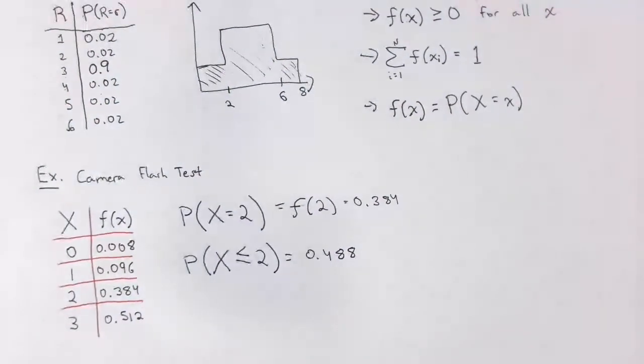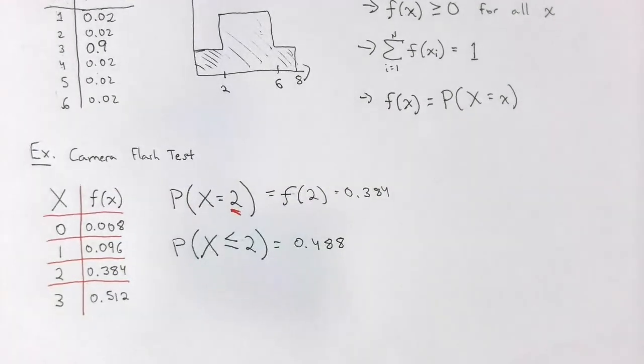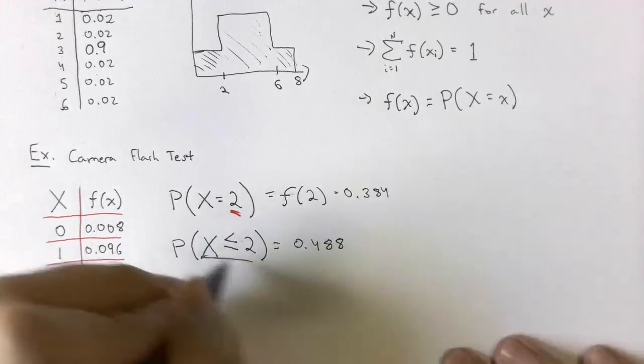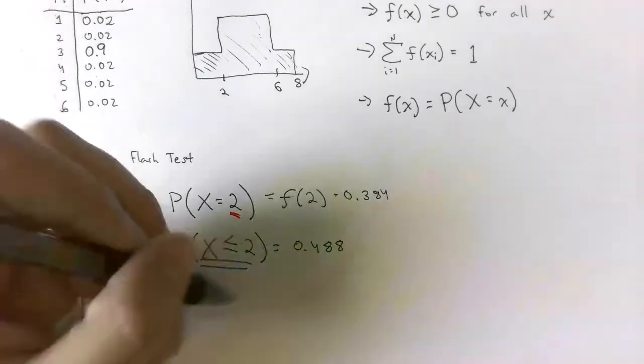Now this is actually going to be very important because we'll notice that in a lot of the different experiments that we end up trying to apply statistics to, perhaps a specific value, a specific outcome is not really what we're looking for. Perhaps we're looking for a range. Even in discrete random variables, perhaps what we're looking for is a range. So this type of probability is one that's going to show up a lot in class, and that's what we call a cumulative distribution.